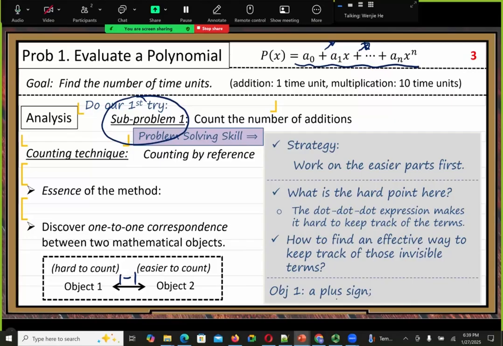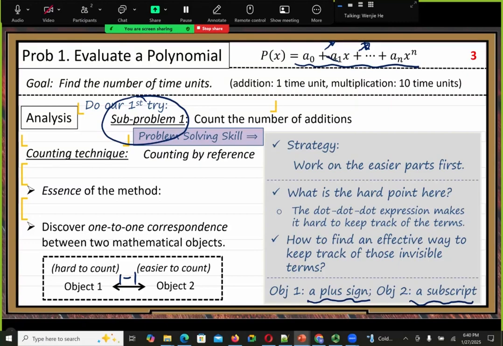Object 1 is a plus sign. Object 2 is a subscript. One-to-one correspondence. So from what you said, associate 0 with the first plus sign, right? But how about we associate 1 with the first plus sign?